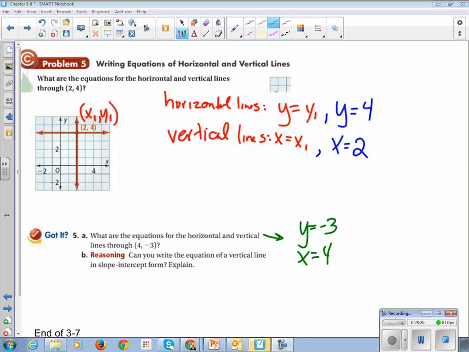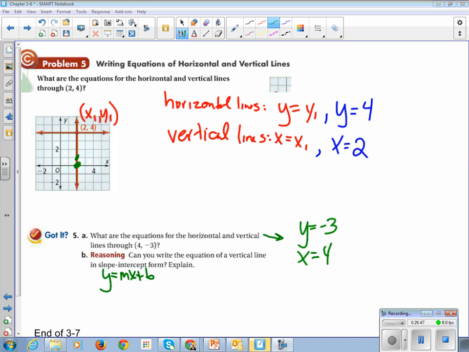Can you write the equation of a vertical line in slope-intercept form? So let's try it for here. Slope-intercept form is y equals mx plus b. So in this case, the slope is, so let's just look here. I rise 1 and I run how many? 0.